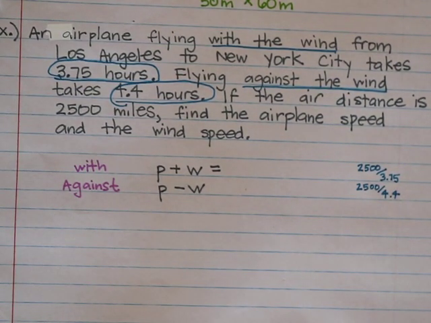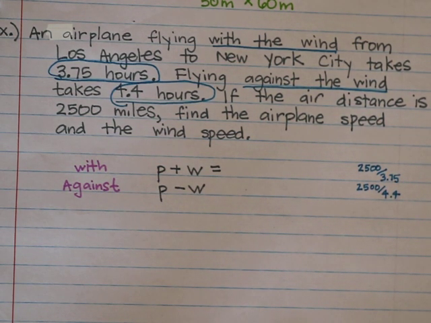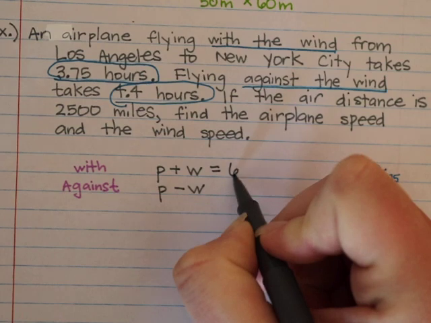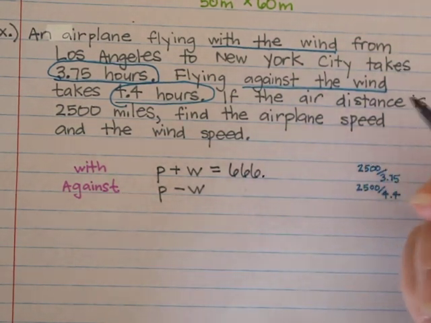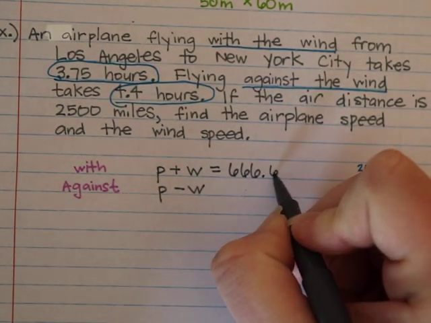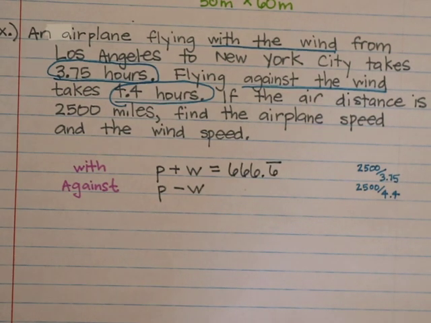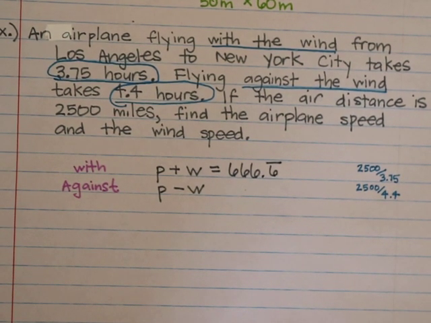Remember, speed is equal to miles per hour. Per means divide. So when I divide 2,500 by 3.75, I get 666.6 repeating. Wonderful. 2/3 is also a great way to do that.